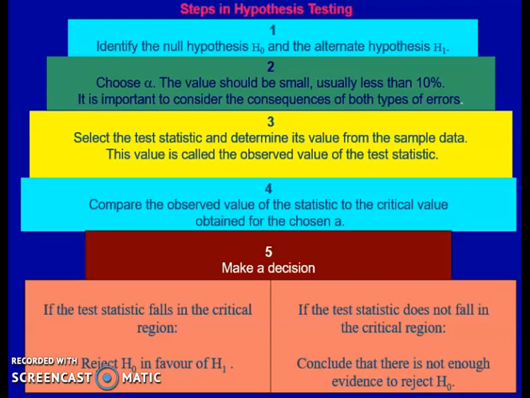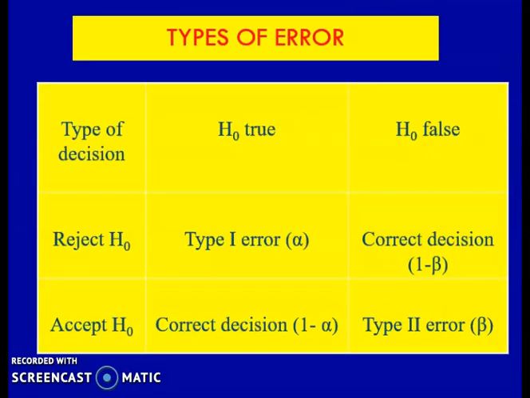The true statement will be the alternative hypothesis. Here you have the chart to explain the two different types of errors we get in hypothesis testing.